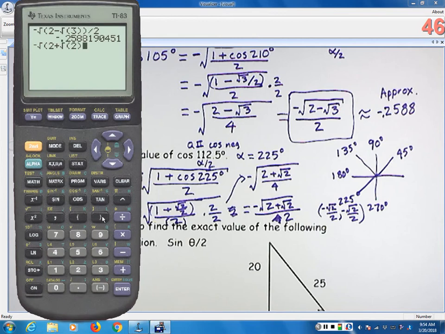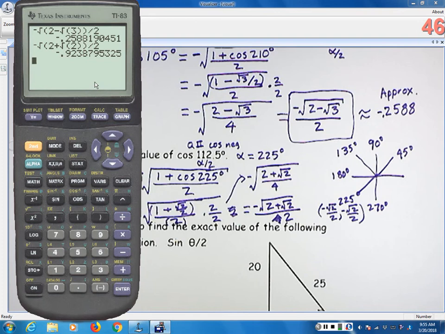Close that parenthesis, and you have to close the other square root because my 2 in the denominator is not under the square root. Negative, wait a minute, did I do that wrong? 2 plus the square root of 2 under, divided by 2, all divided by 2. So square root of negative 2.